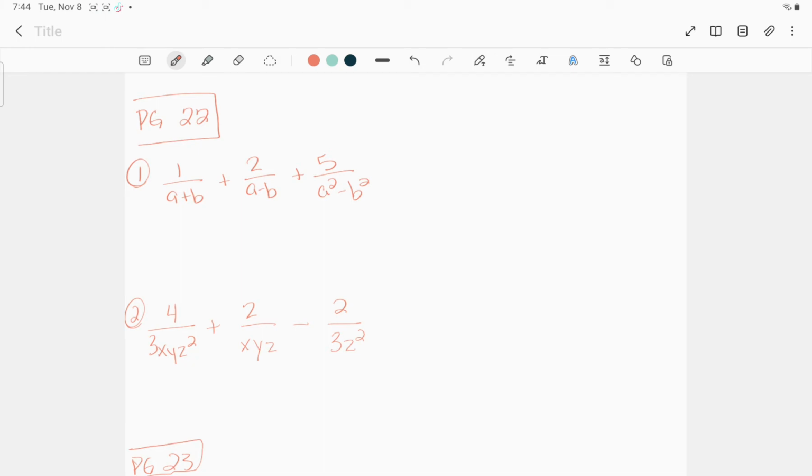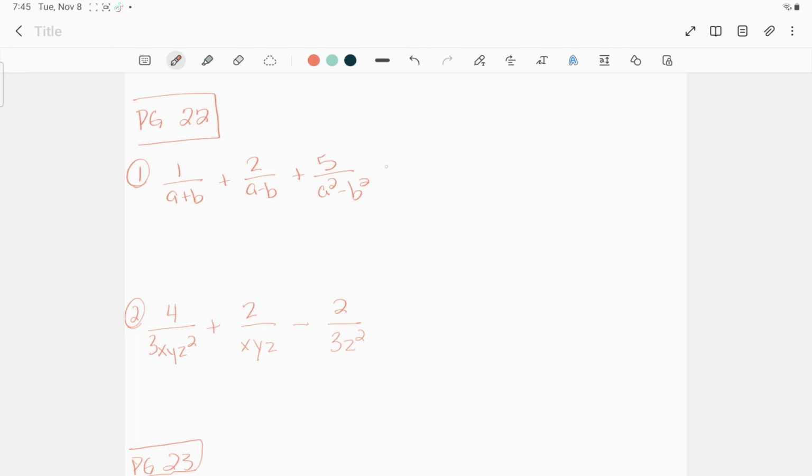Understanding what we just did, how we found our lowest common multiple between a denominator and then multiplying it by your numerator and getting your answer. If you did not understand that, you need to stop what you're doing, rewind the video, and go back. Because if you didn't understand that, you're not going to understand this and you're not going to get it right. Okay? Stop and rewind if you need to.